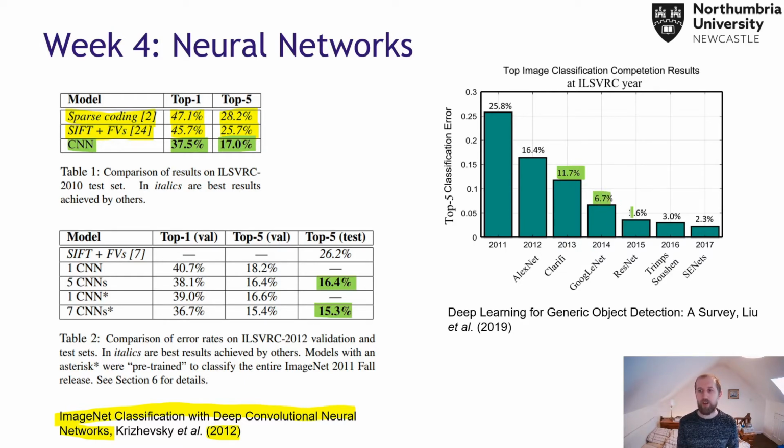Then we get to the likes of ResNet, and in 2017 squeeze and excitation networks, which are down from an error rate of 16.4% to an error rate of 2.3% in the space of 5 years, which is really, really incredible. And a lot of the performance gain is to do with the ability for these networks to get deeper and deeper.